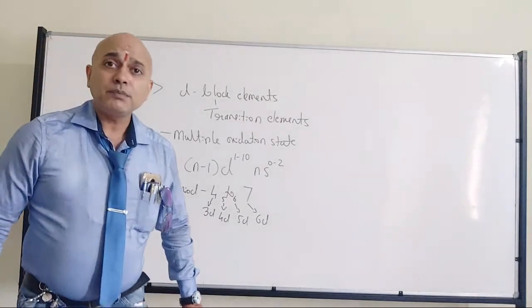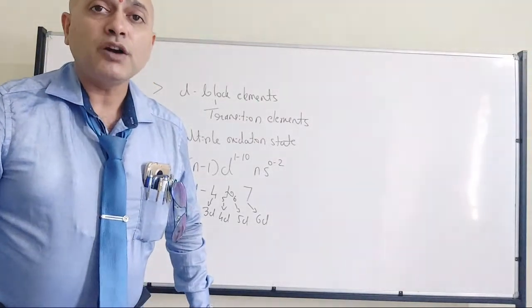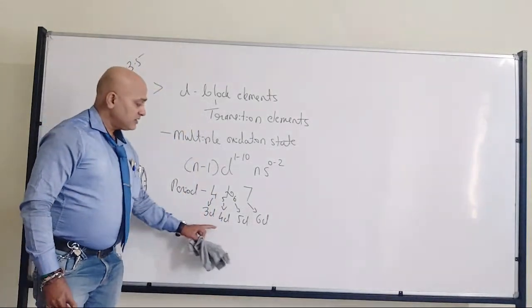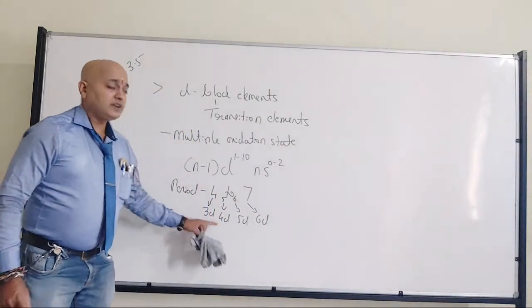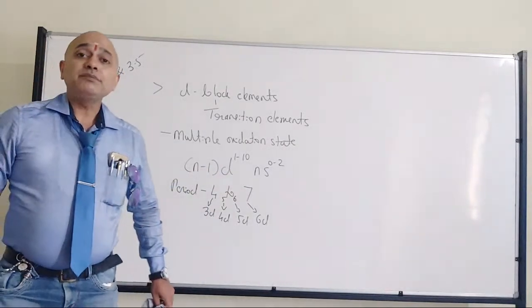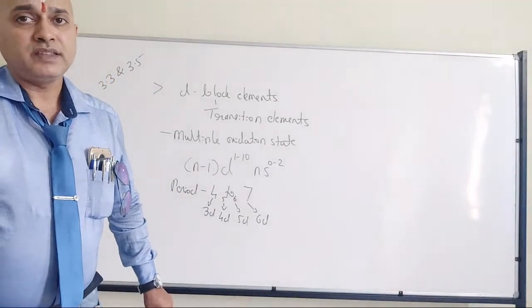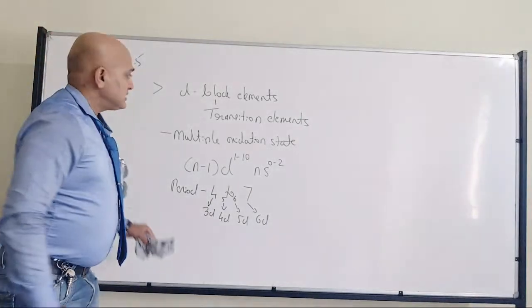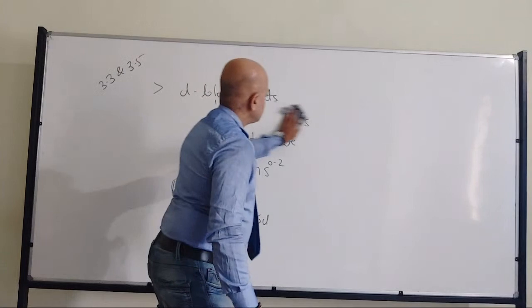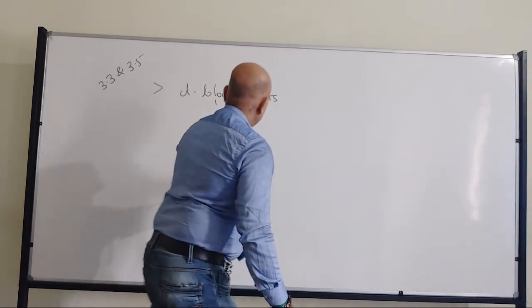That is, in period number 5, the outermost shell will be the 5th energy level, so it will be 4d, n minus 1 d. All of you have understood? So that's the D block elements which we discussed in the last class.